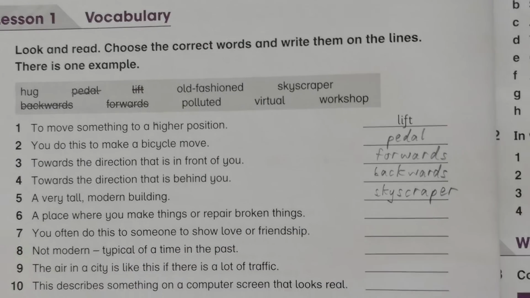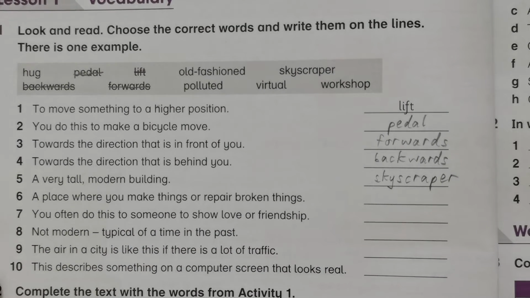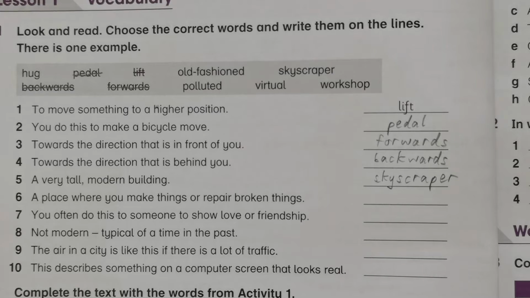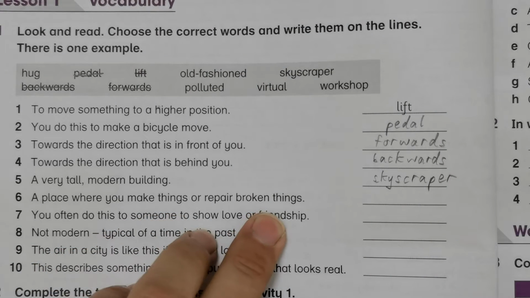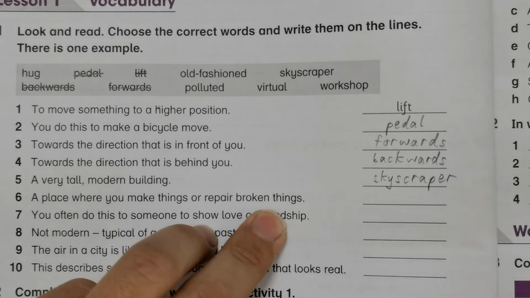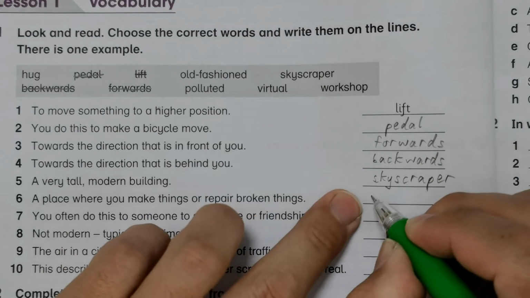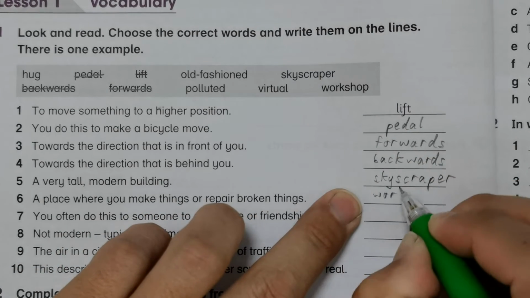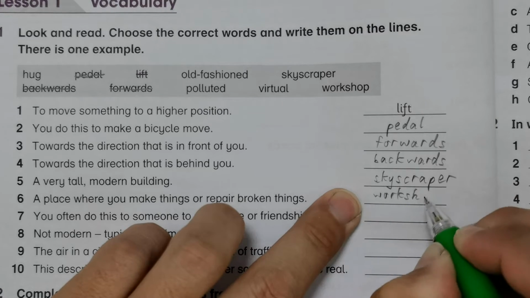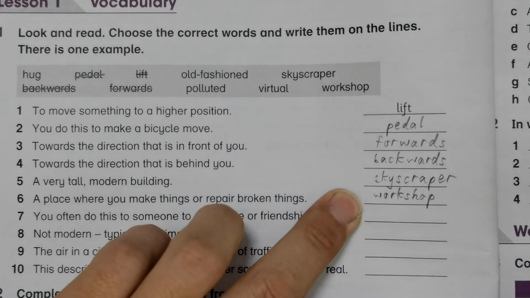And then we have number 6, a place where you make things or repair broken things. So this is workshop. Maybe you went to a car workshop before. So workshop, without spacing here.